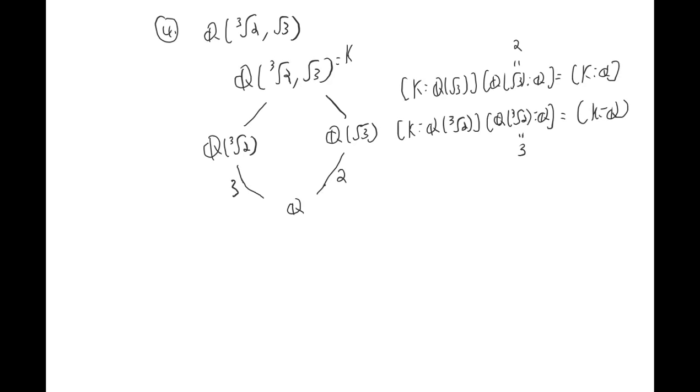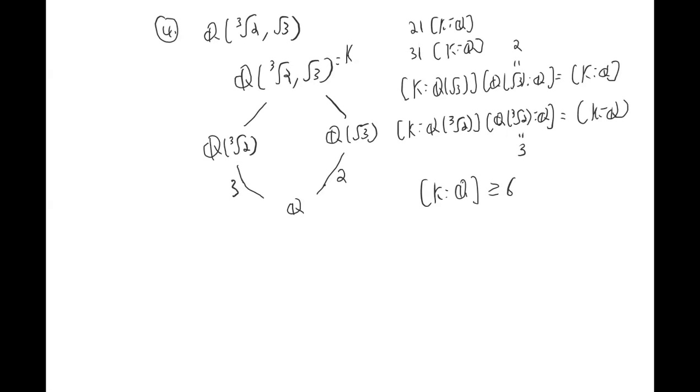So does everyone agree that 2 divides this thing and 3 divides this thing? So this thing has to be at least 6. Does everyone agree? Okay, and we're almost done.